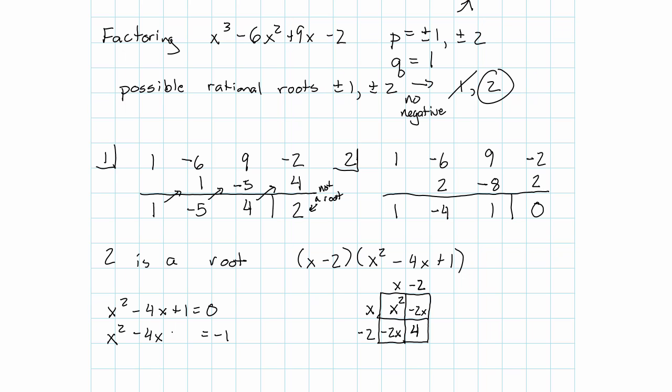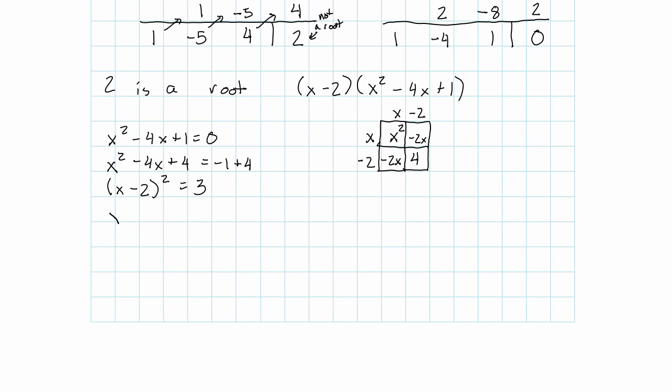I need a 4 here, so I'll add 4 to both sides. X minus 2 squared is 3. That means x minus 2 is one or the other of the square roots of 3. X is 2 plus or minus the square root of 3.